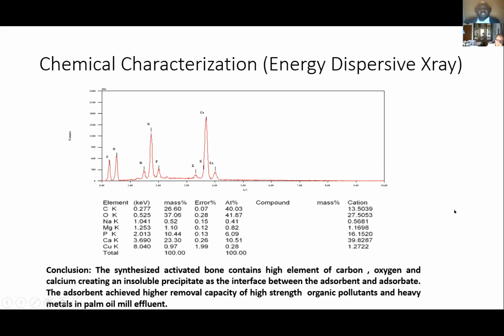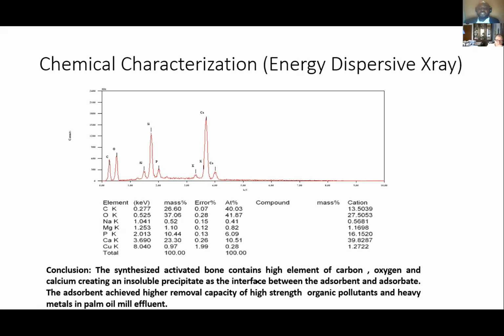Others observed that the synthesized activated carbon powder contains high amounts of carbon, oxygen, and calcium, creating an insoluble precipitate, which serves as an interface between the adsorbate and the adsorbent. The adsorbent achieved higher removal capacity of high-strength organic pollutants.